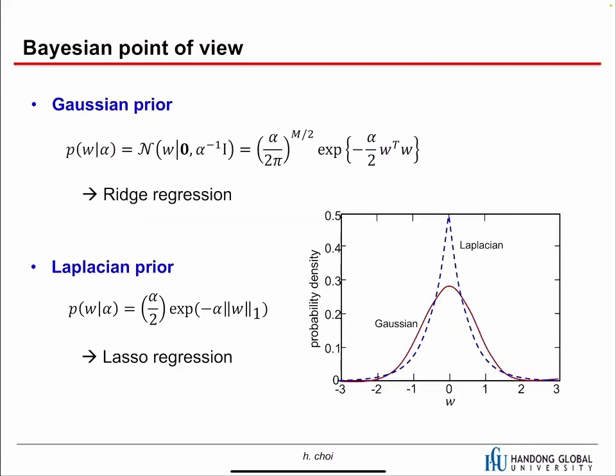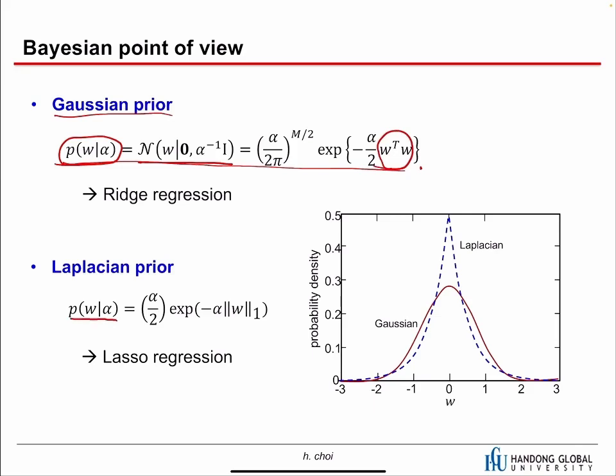Okay, so in the previous slide, we interpreted a ridge regression in the probabilistic model. And it means we use Gaussian prior. Okay, P of W given alpha was Gaussian in the previous slide. That's why we have this term. But we can use other distributions for the prior.